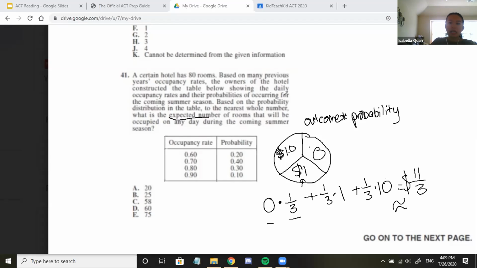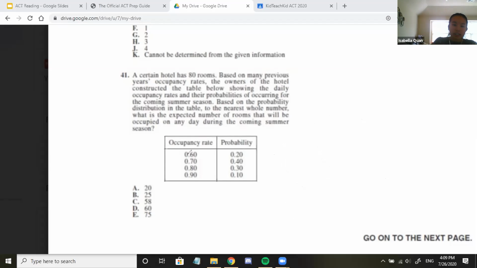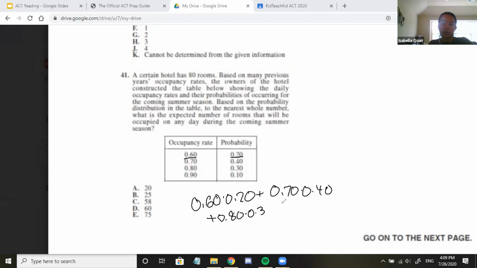All right, so now let's talk about this question, which is kind of the same. We take the predicted rate, 0.60 times 0.20, plus 0.70 times 0.40, plus 0.80 times 0.30, plus 0.9 times 0.1.